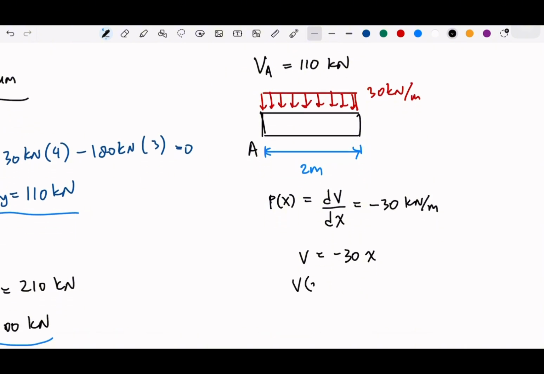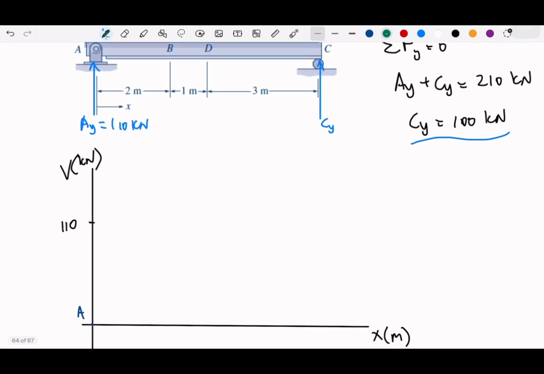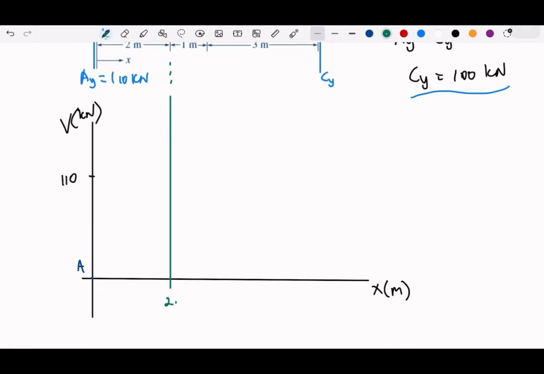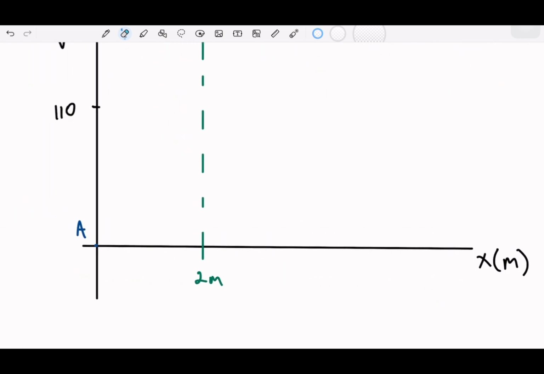So when we move from A to some point X, let's say B at 2 meters, we are going to have a load that is 60 kilonewton. So at x equal to 2, from this 110 we are going to minus how much?